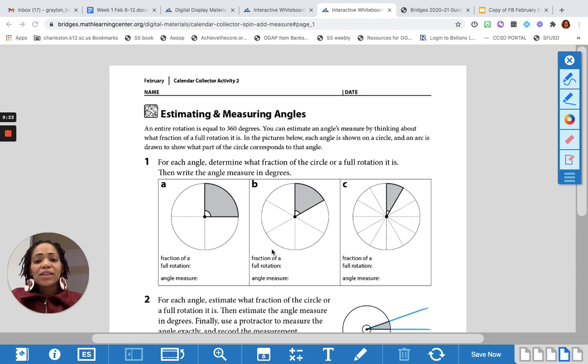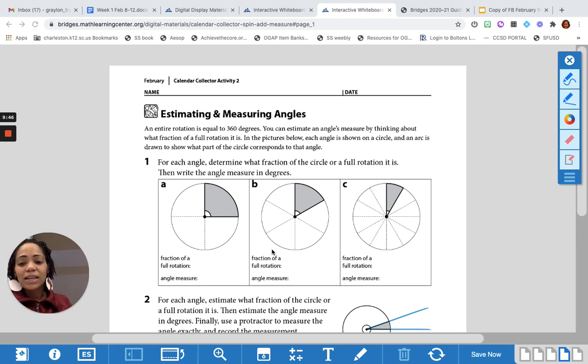Okay, so you can estimate an angle's measure by thinking about what fraction of a full rotation it is, which we kind of got a jump start on by doing that with our collector. So in the pictures below, each angle is shown in a circle, and the arc is drawn to show what part of the circle corresponds to the angle, kind of like we do for our collector.